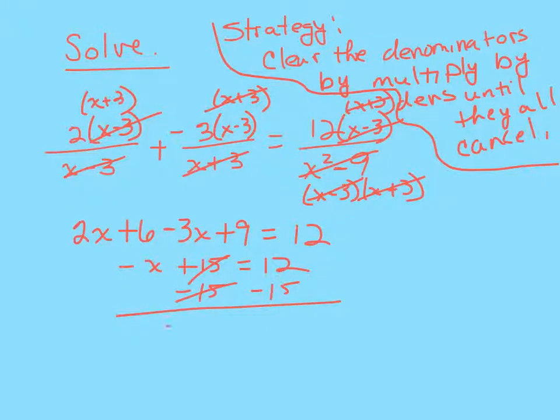Cancel, cancel. So negative x is equal to negative 3. And divide by negative 1, Logan says. Get those to cancel, and x is equal to positive 3.